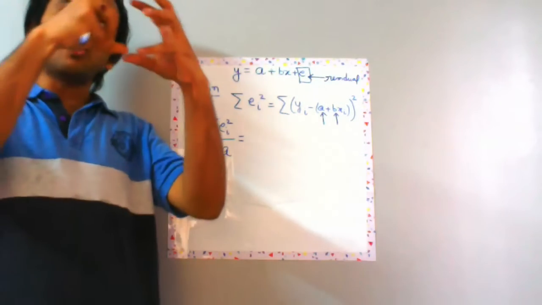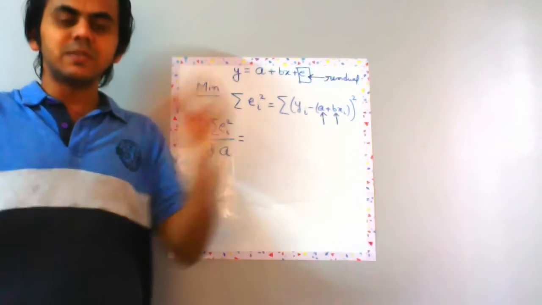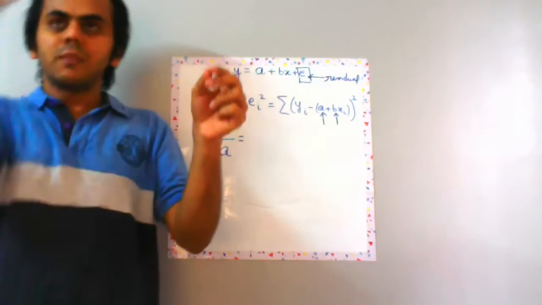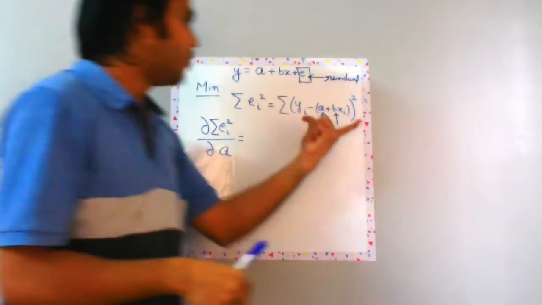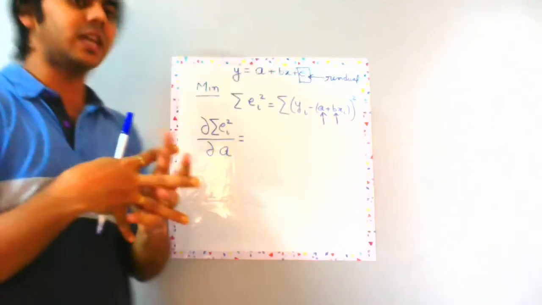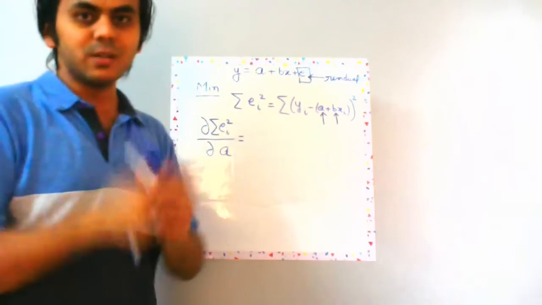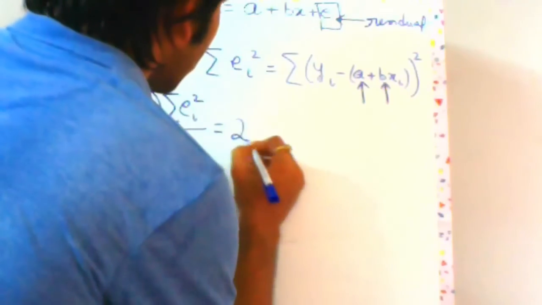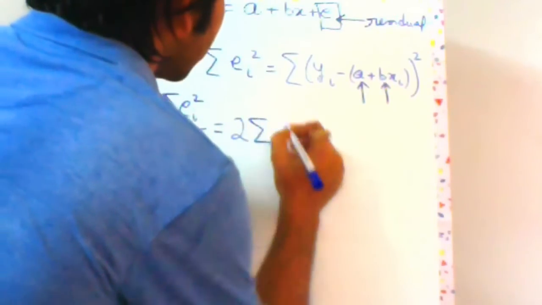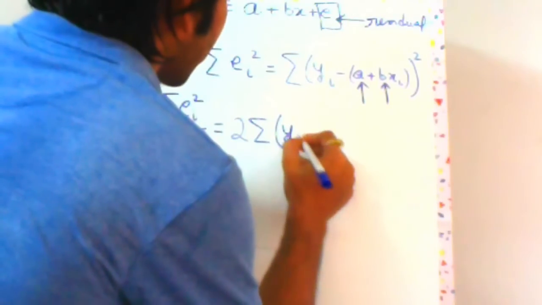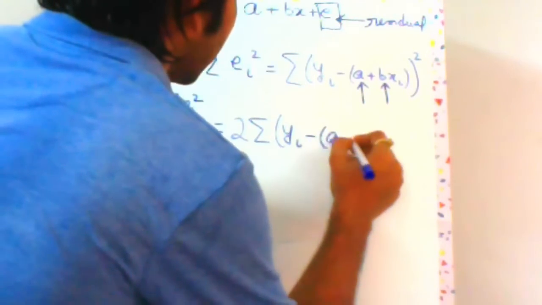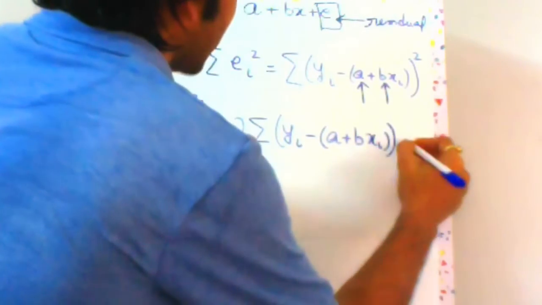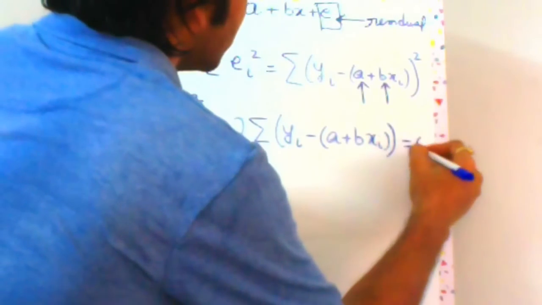So if you take all these individual terms and differentiate them, for all those terms my 2 will come out, and when you take that together again, you will again get the summation and 2 will come out common across the terms. So you can write 2 summation yi minus (a plus bxi), and this must be equal to 0.